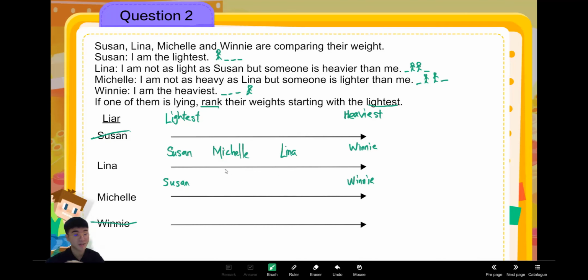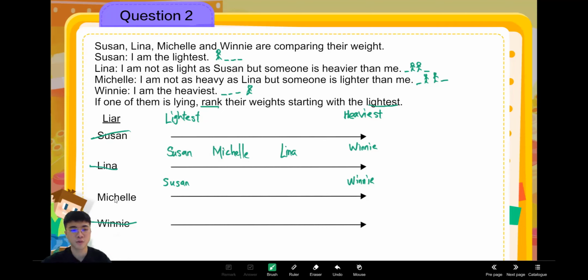Can you realize based on this ranking, it seems like Lina is also telling the truth. You see, she's not as light as Susan, which means she's supposed to be heavier than Susan. And someone is heavier than me. Hey, she's not lying based on this. So there is a conflict. So when there is a conflict, this scenario won't happen, which means Lina is not the liar.